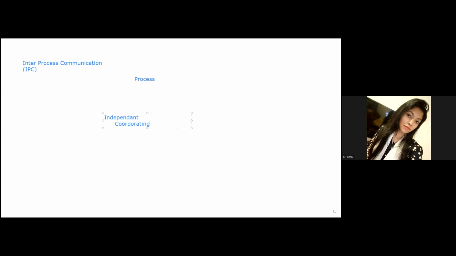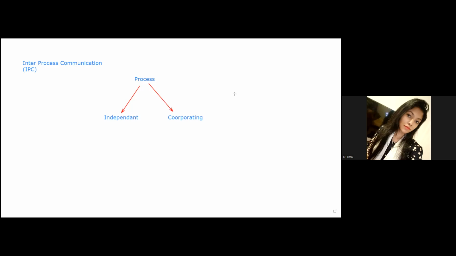Independent processes, as the name suggests, are independent. Technically it means that they cannot affect or be affected by other processes in the system. Whereas cooperating processes can affect or be affected by other processes in the system.